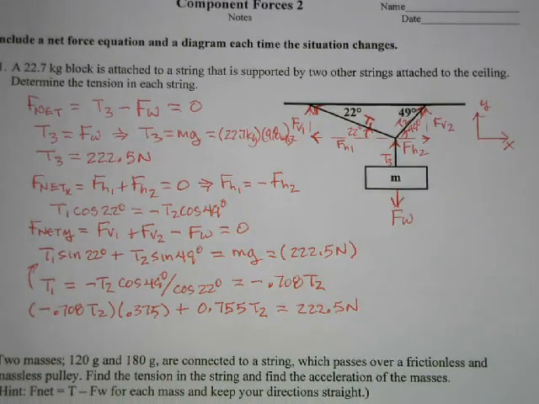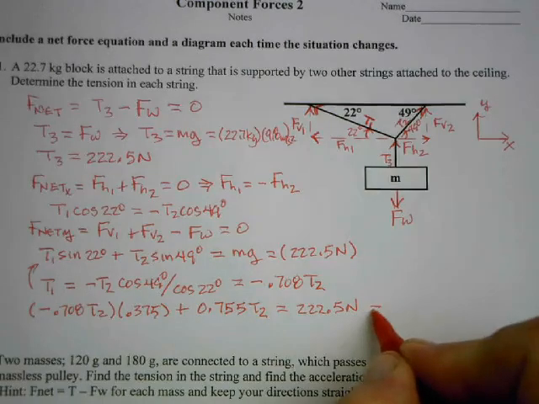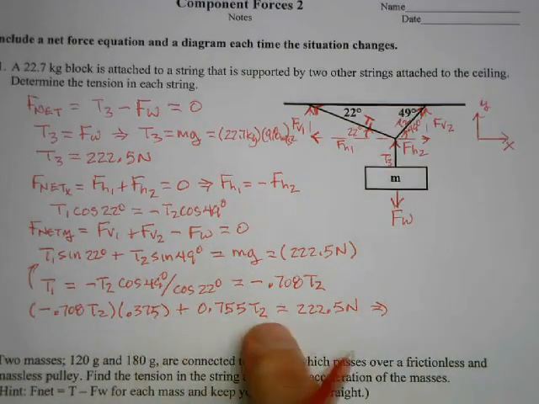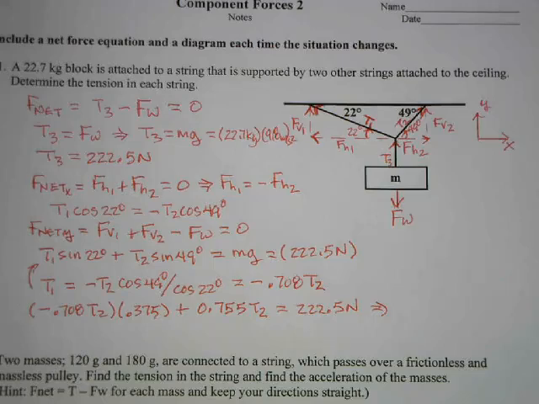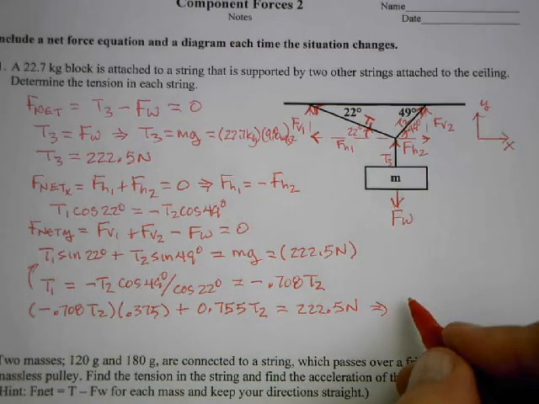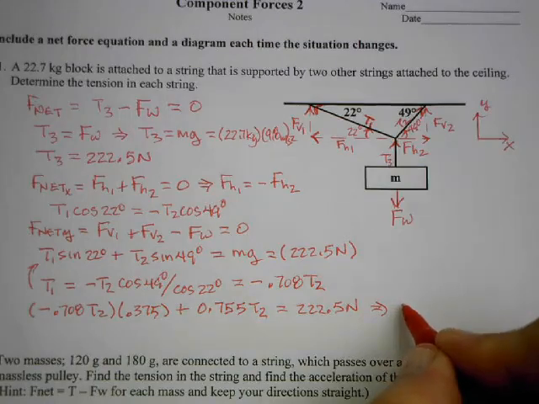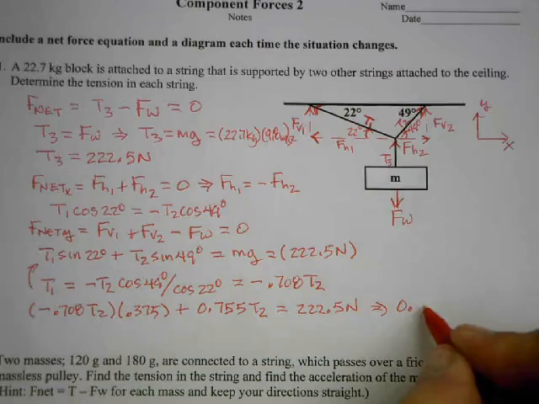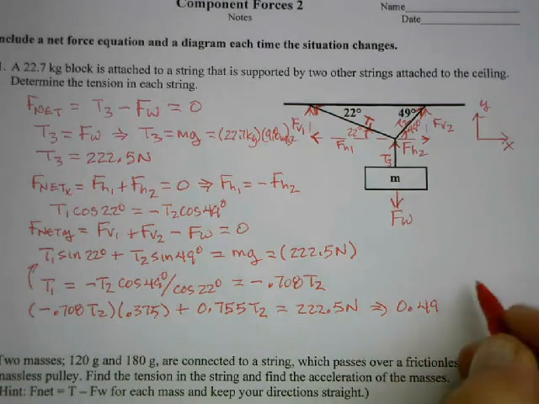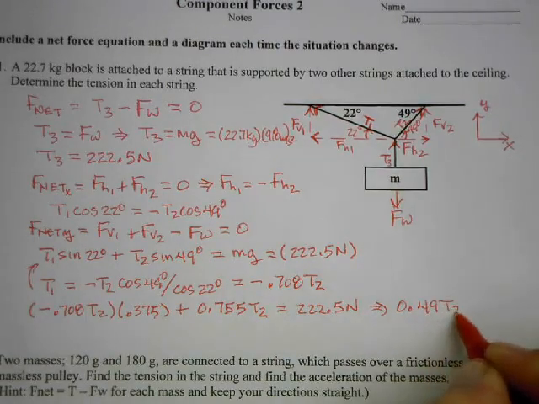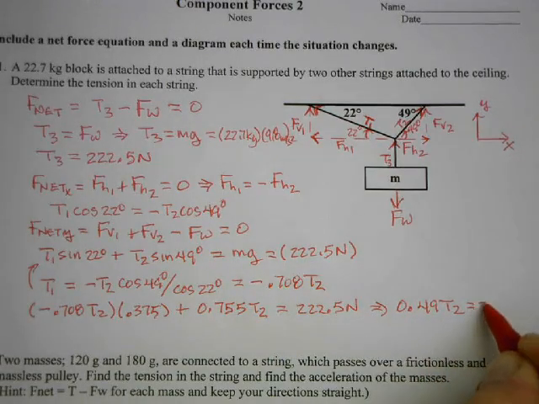Now, when I combine them together, they end up with 0.49 T2 equals 222.5 newtons.